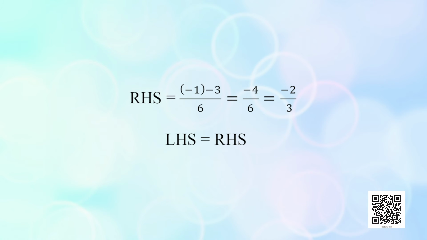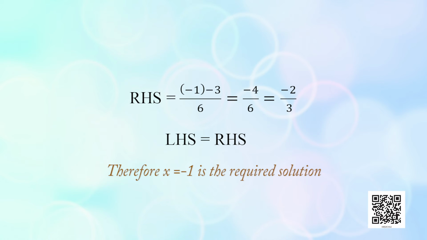Similarly, on the right hand side, (minus 1 minus 3) divided by 6, that is minus 4 by 6, that is minus 2 by 3. Therefore, both left hand side and right hand side have the same answer, minus 2 by 3, by putting x is equal to minus 1. Therefore, x is equal to minus 1 is the required solution.